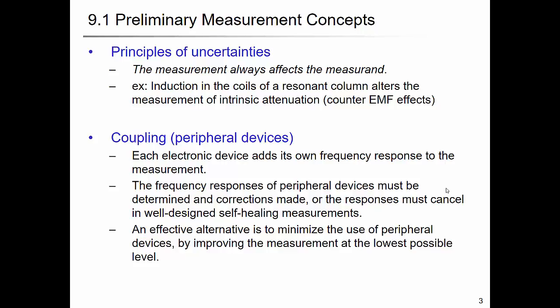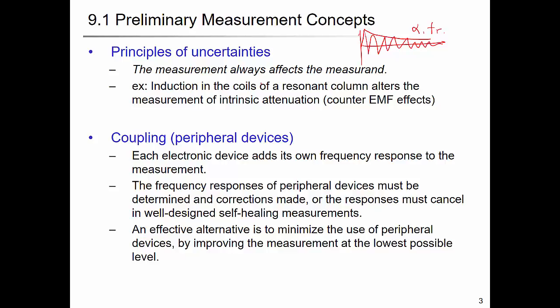So for example, the induction in the coils of the resonant column alters the measurement of the intrinsic attenuation. People use the resonant column to get the free vibration decay. Like you remember the FFRC, we get this kind of decay curve, right? And from there we can calculate the alpha and the resonant frequency.